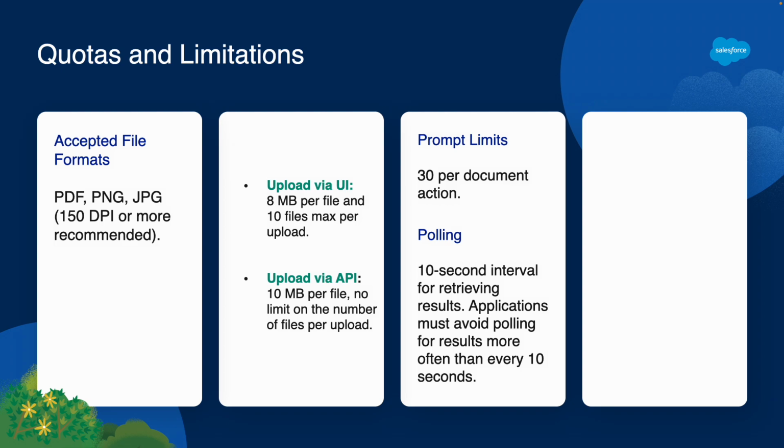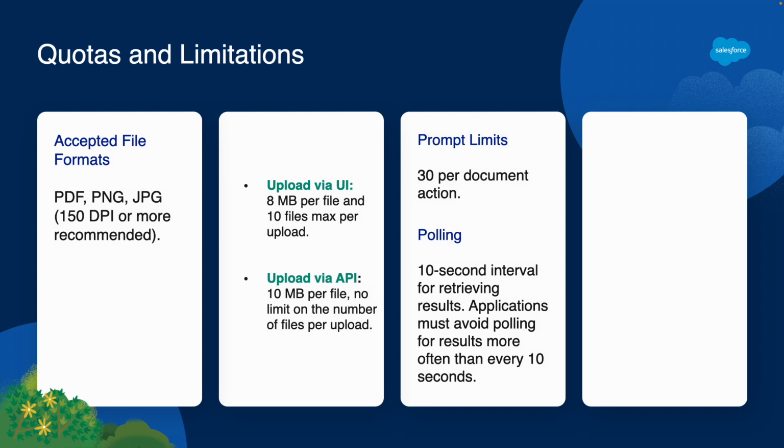The prompt limit is 30 per document action. That document action can have more than 10 or 15 files, but overall you can only have 30 prompts. That means you can extract only 30 fields.